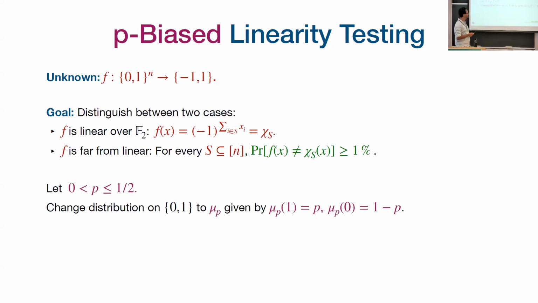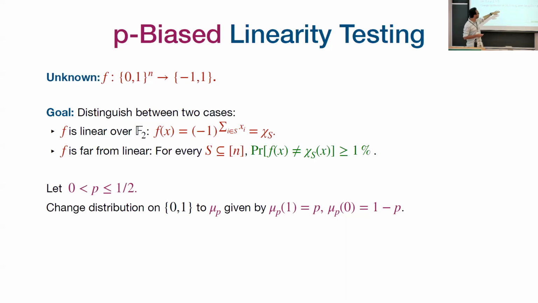Just to set some notation, I'll always consider p less than half in this talk. Almost everything I'll say holds for p more than half, but this is just simpler. I'll consider the distribution on the hypercube, which is mu p. And mu p is the following distribution, which assigns probability p to 1 and 1 minus p to 0.